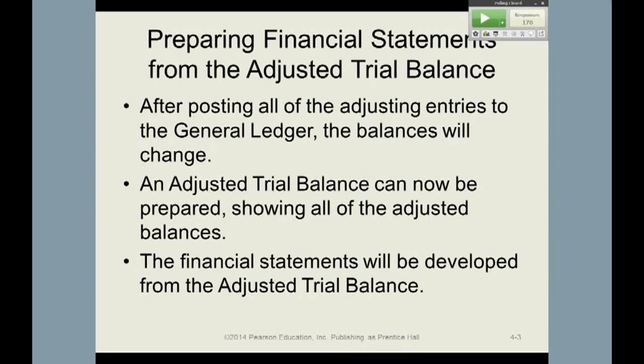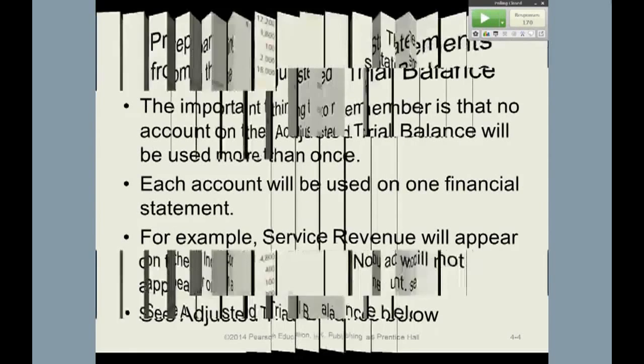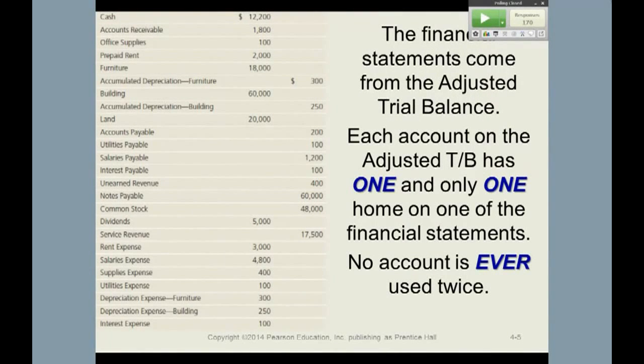Okay. Now, when we prepare financial statements, I mentioned that the process is, after we have journalized the adjusting entries, we post them to the ledger, and the adjusted trial balance is going to be prepared. The financial statements will take information from that adjusted trial balance. Again, it's the same adjusted trial balance we saw before.